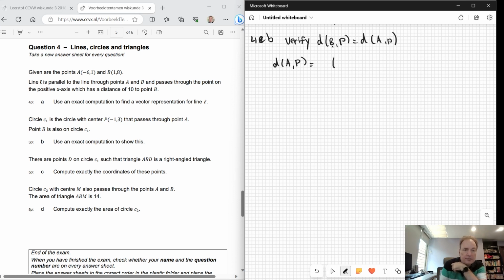Well, it's the square root of -6 minus -1 squared plus 1 minus 3 squared.